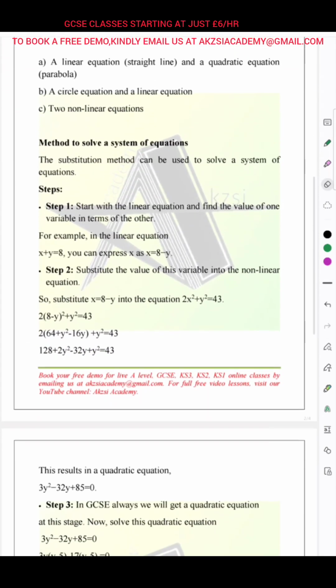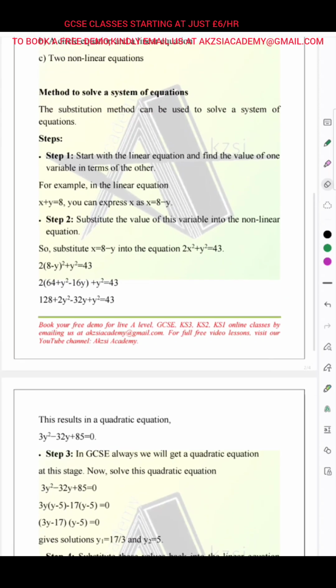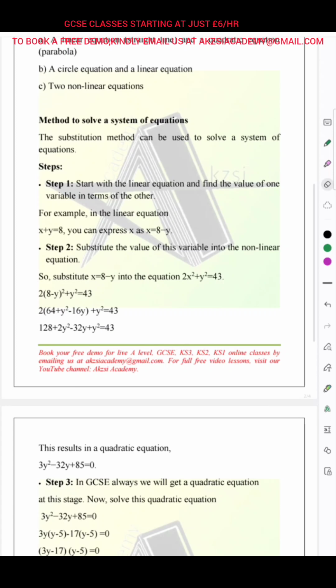This section is all about solving them algebraically. That's done by the substitution method. The substitution method is all about substituting the value of one variable into another. Let's say this is our equation.